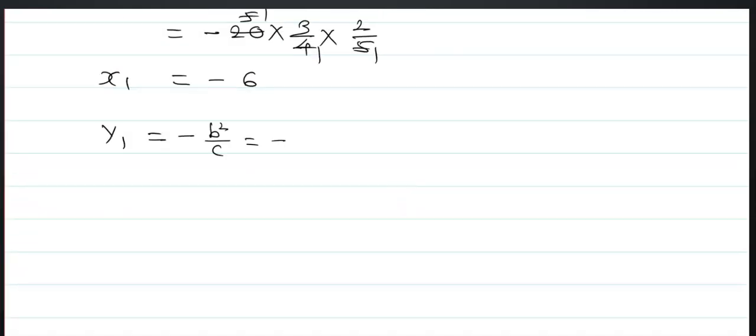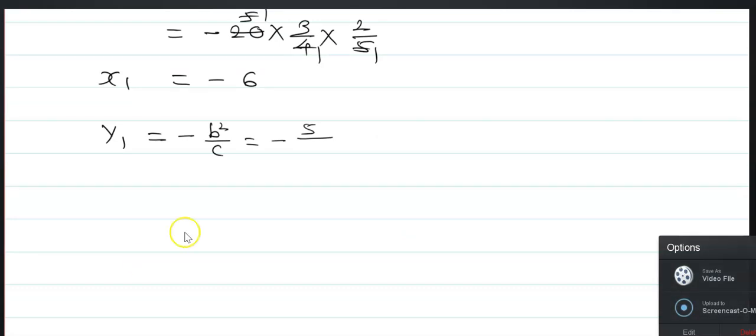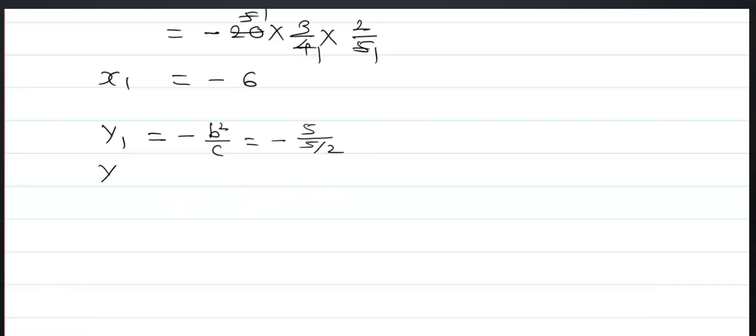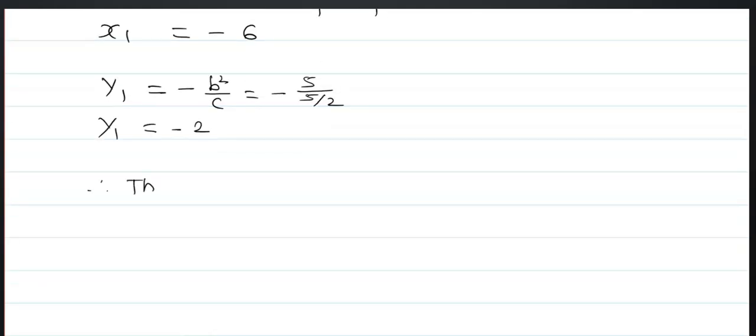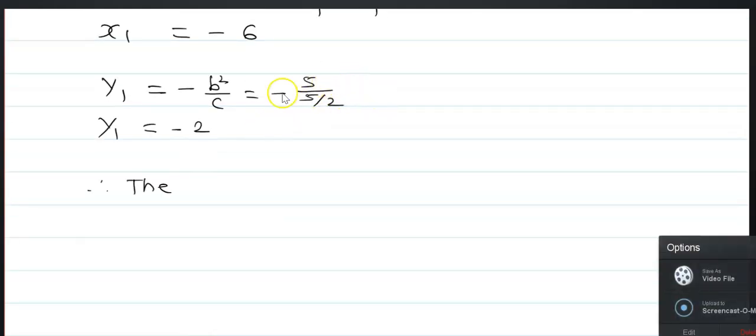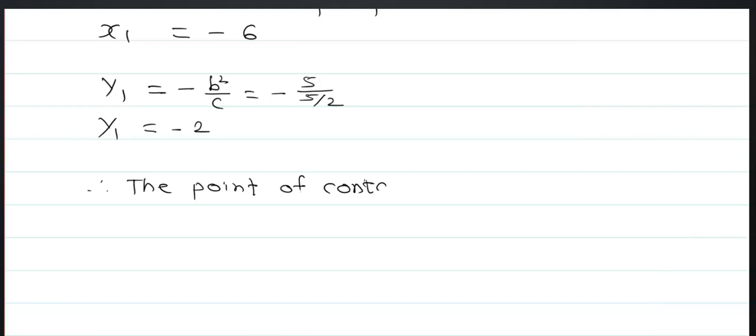The same way y1 is minus b² upon c. Substitute the values, that is y1 is minus 5 upon 5 by 2, that is equal to minus 2. y1 is minus 2. The point of contact is (minus 6, minus 2).